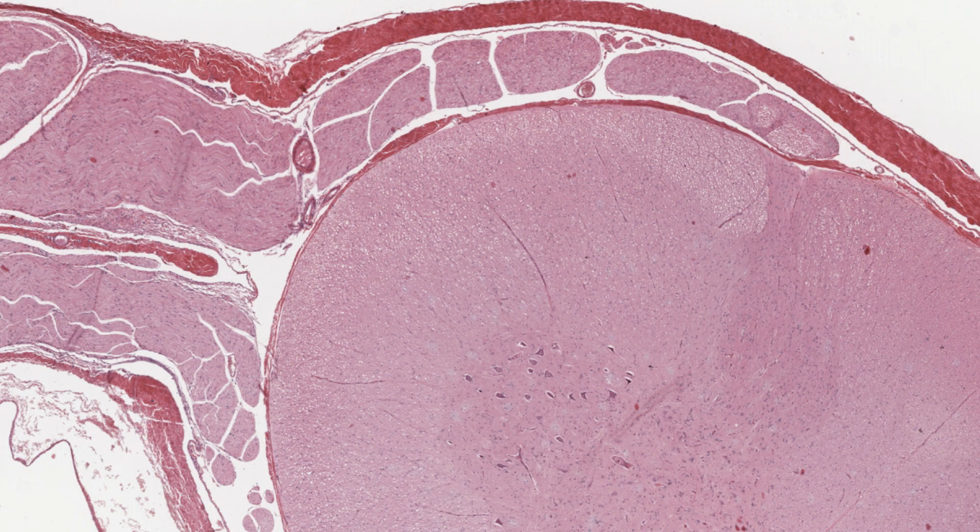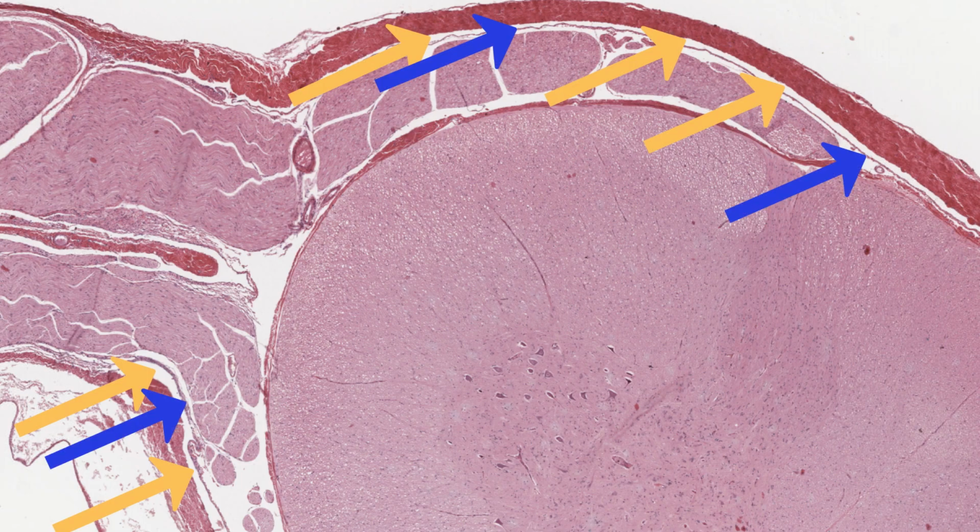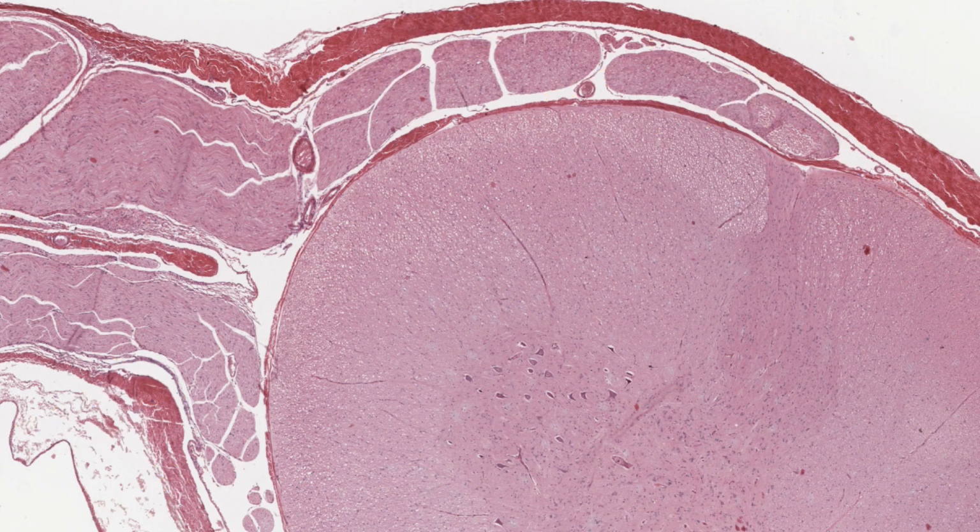This subdural space is an artifact. Here is the thin arachnoid layer and the underlying subarachnoid space. The pia mater is attached to the outer surface of the spinal cord. Beyond the dorsal root ganglion, the dura will become continuous with the epineurium of the spinal nerve.